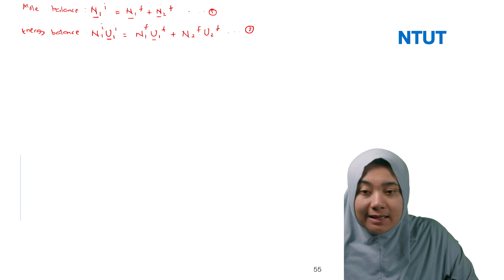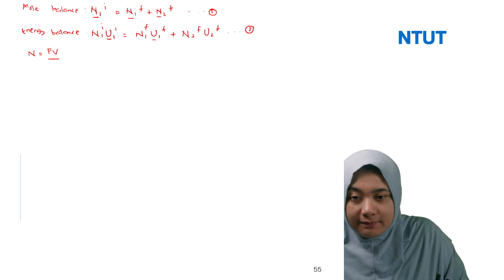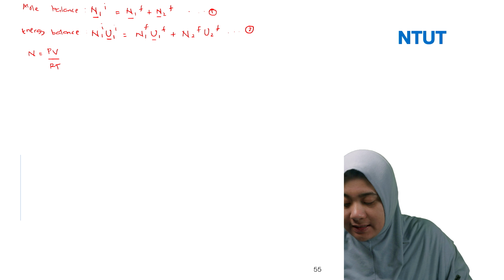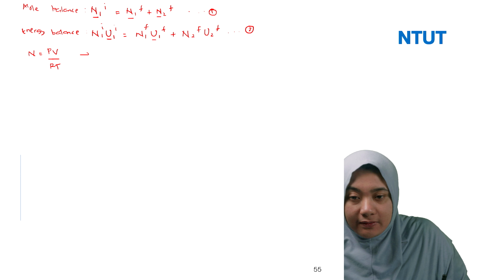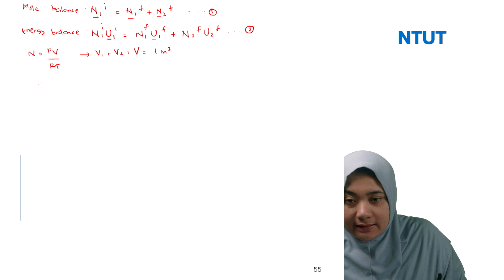Then since n equals PV divided by RT, the ideal gas law, because PV equals nRT, we have V1 equal to V2 equal to V, which is 1 meter cubic. Then we can expand equation 1.